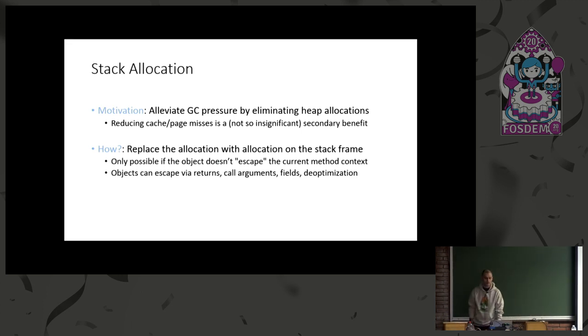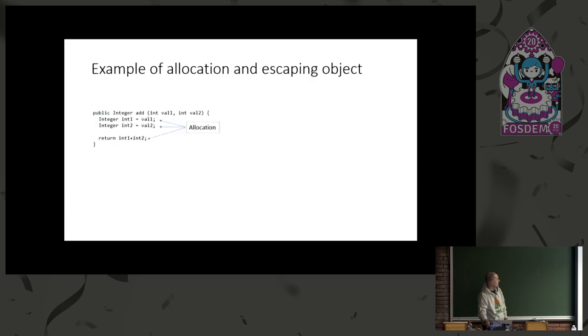So when can we do this? When the object does not escape the current method context. Typically objects escape with returns, calls to methods, or by being stored into fields or passed around. So there are places where we can do it, and places where we can't. Here's an example, a very simple Java program with three allocations.